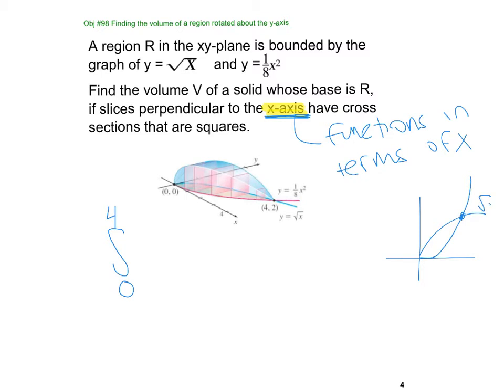So my square root is on top. My 1/8 x squared is on the bottom. So that's the whole distance. So square root of x minus 1/8 x squared, squared. Because this is your side squared, and the area of a square is side squared.